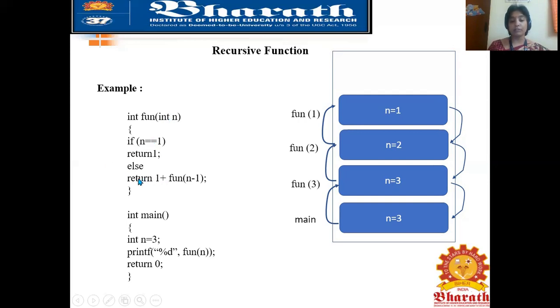In the else part, we have return 1 plus fun of 3 minus 1, which will be 2. So fun of 2 will be the next function call. Inside that function we are again calling, but with a different parameter, n minus 1, that is 3 minus 1, which is 2. Fun of 2 will be called.